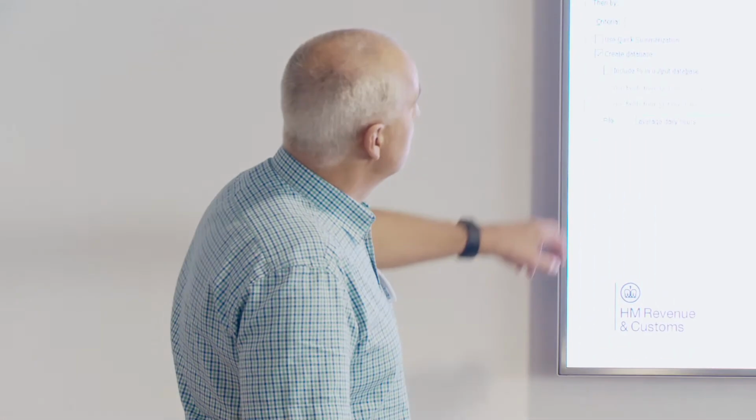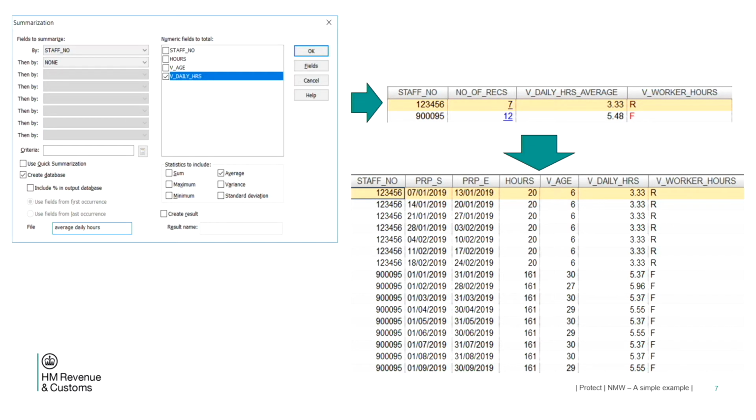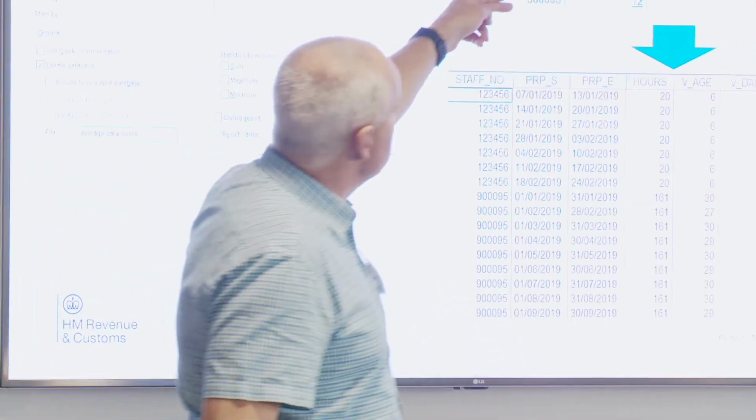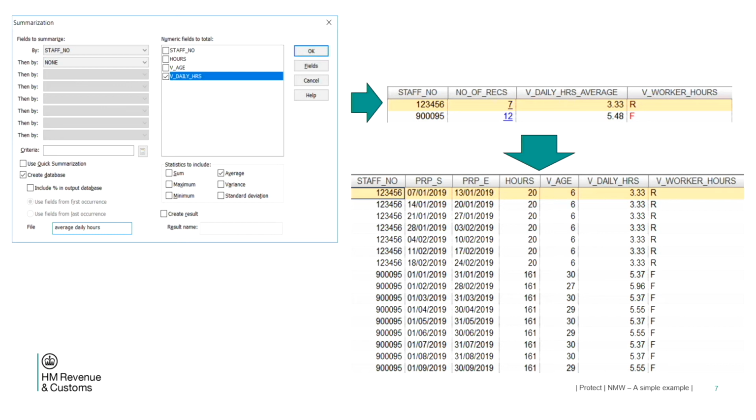Okay, so straightforward summarisation by staff number, looking at that field that I added, the V daily hours. Here you can see that when I do a summary, it gives me the 2 workers, it shows me the average hours, and then I put the indicator, in this case it's an R or an F, alongside that field.